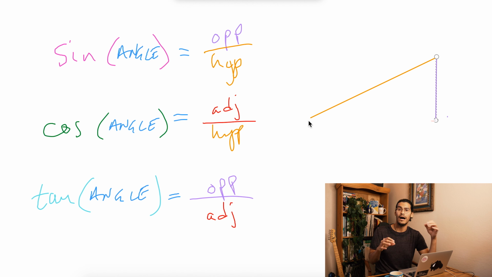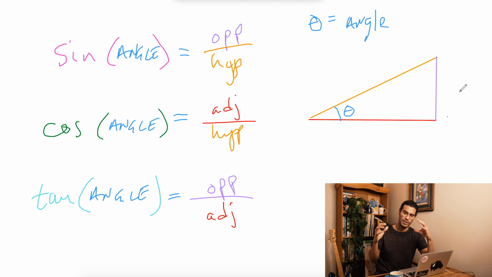And then what is the opposite over adjacent in the case of tangent? If we look at them this way with our reference triangle, we can see what corresponds to what. We always want to be remembering that it's from the perspective of the angle that we're putting as an input into your cosine or sine or tangent function. Cool?